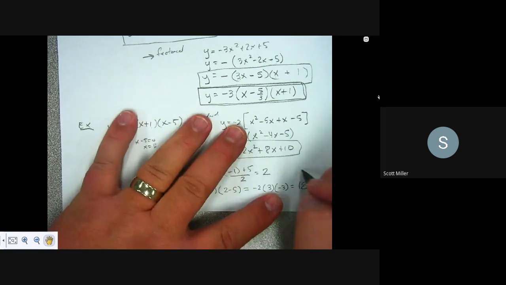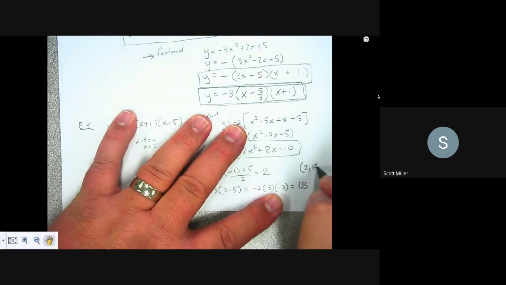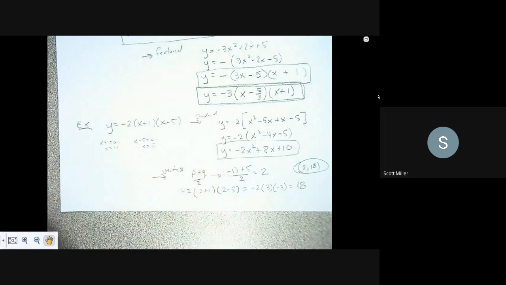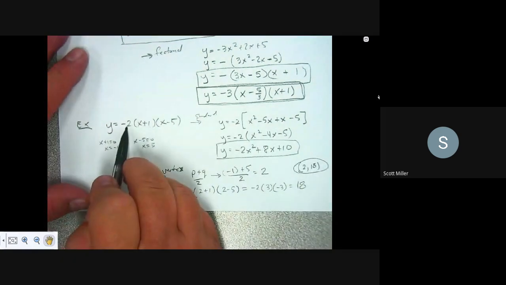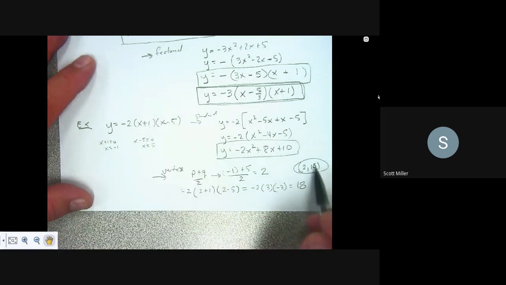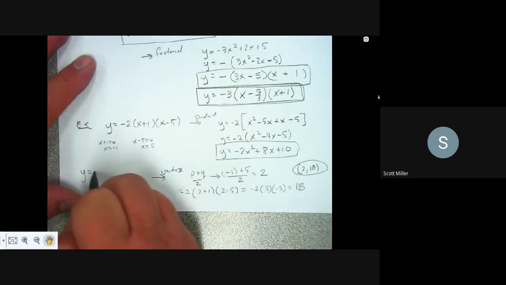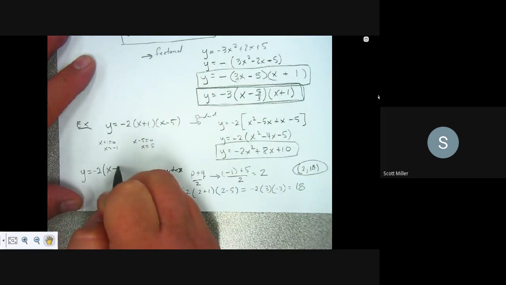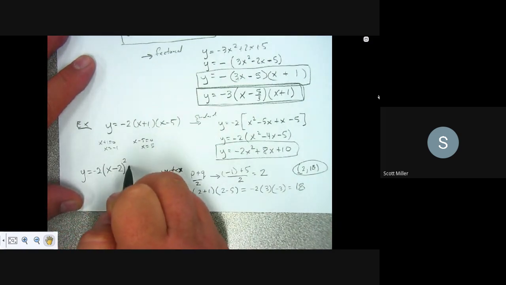So my vertex is the point (2, 18). That's the vertex. The leading coefficient is negative 2, because it's in the right format. So that's the A, H, and K. So y equals negative 2 times (x minus 2) squared plus 18.